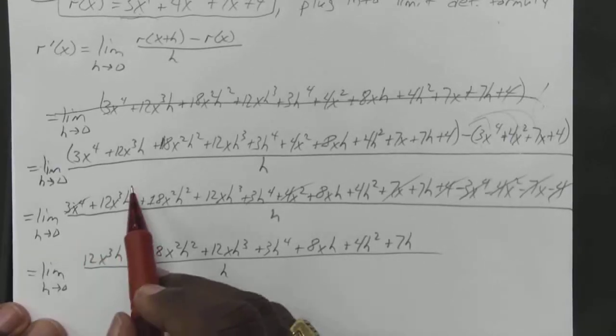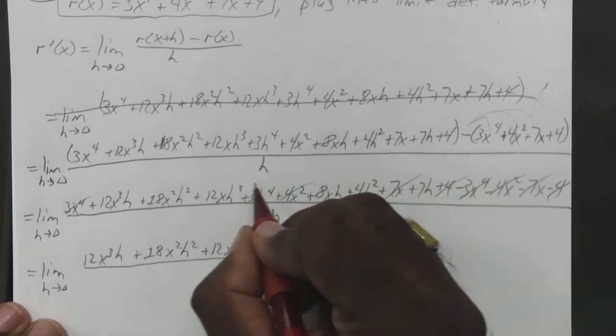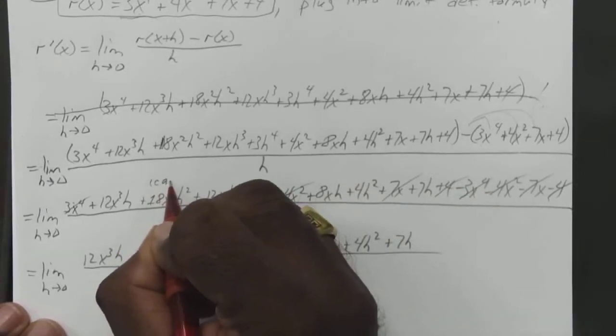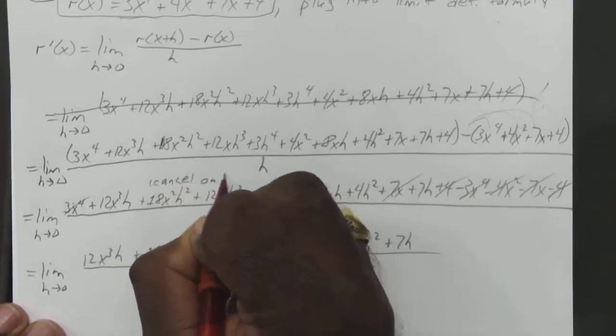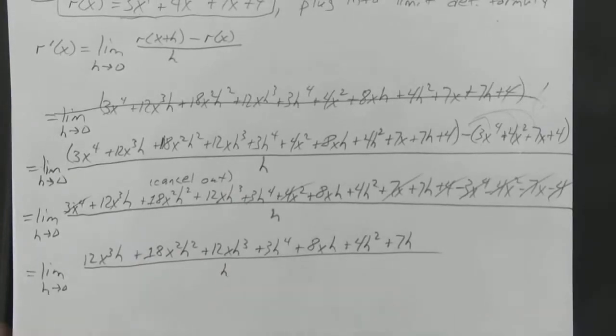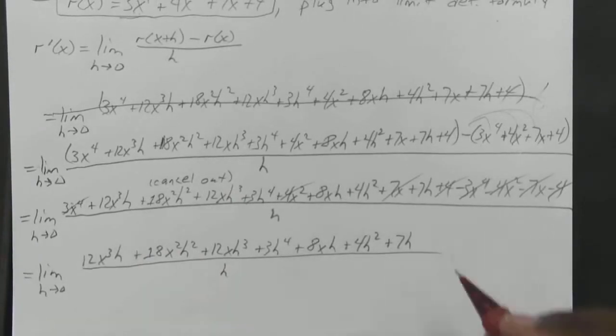So remember, this step is where things cancel out. And this step is where we factor our h out of the numerator.